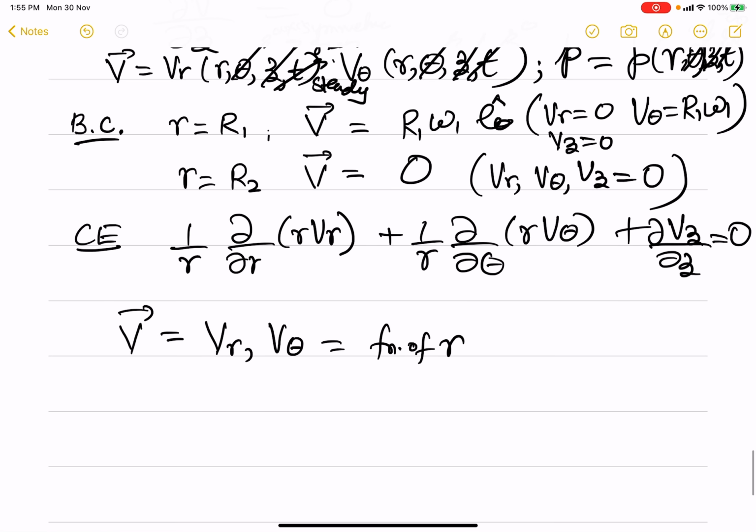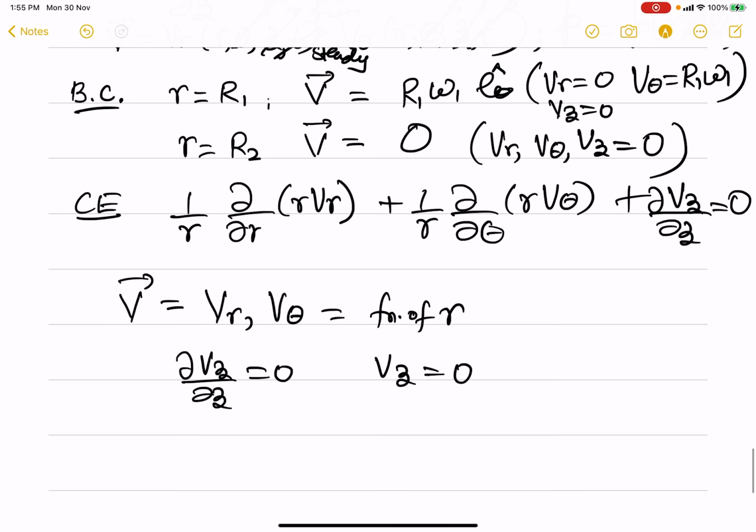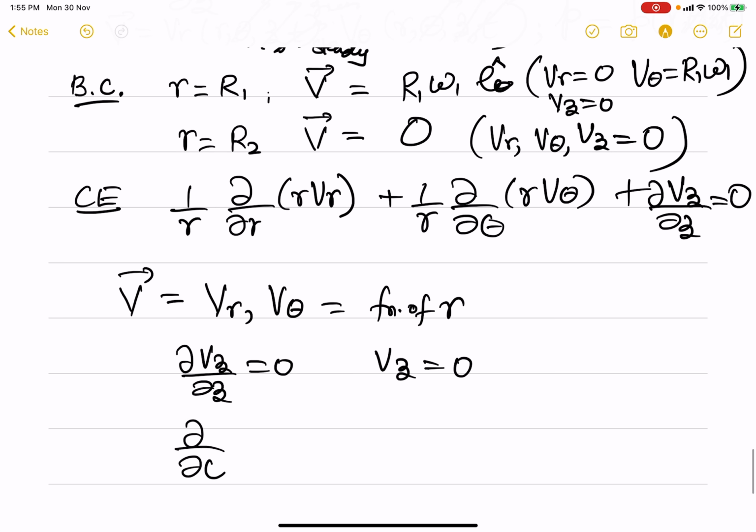So now we look at the continuity equation. Let's simplify this. So partial Vz by partial z is 0 because Vz is 0, and partial by partial theta of r V theta is 0 because of axisymmetry. V theta is not 0.